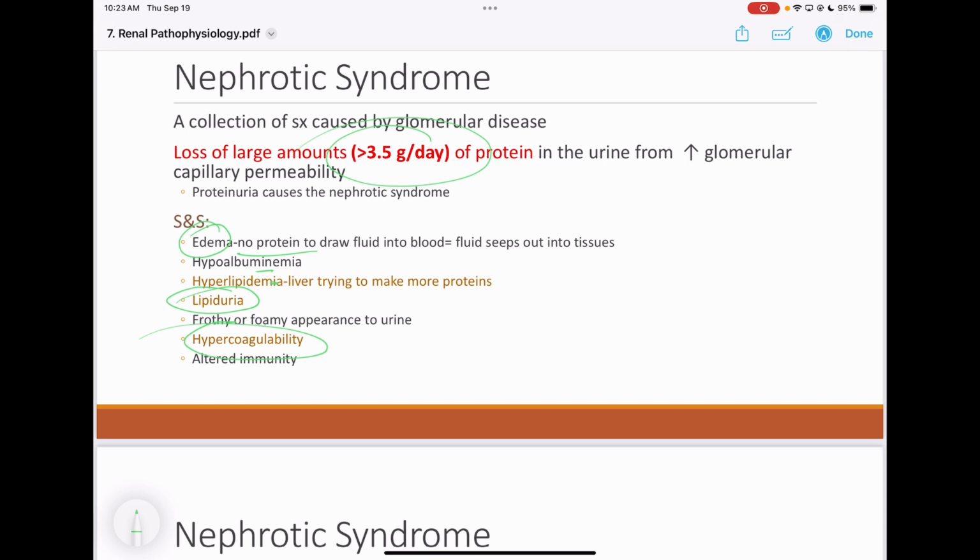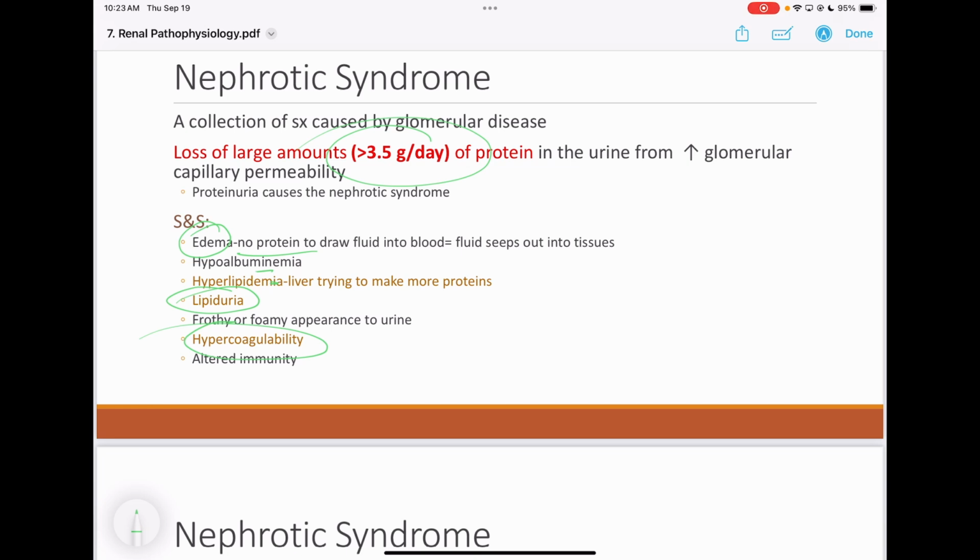All these clotting factors are floating around that shouldn't be there, but they're there now because the liver's working overtime because you have nephrotic syndrome. Those coagulation proteins are going to go up as well, putting you into a hypercoagulable state. So if something were to trigger a clot to form, it would be in excess and you'd have a massive clot forming. So they're in a hypercoagulable state and obviously altered immunity.